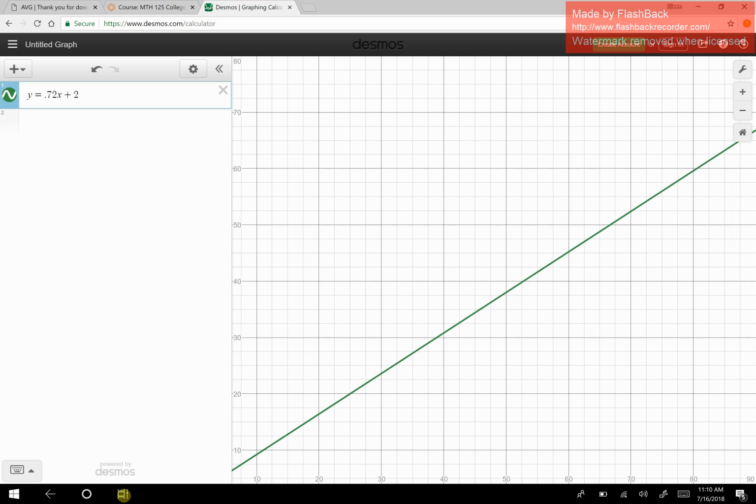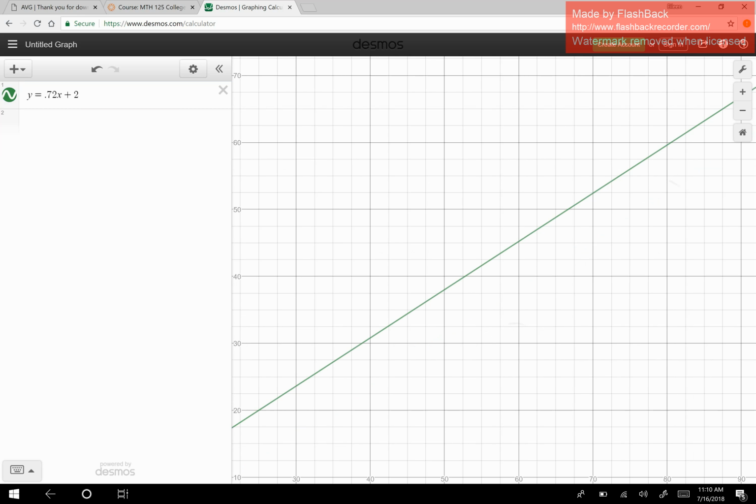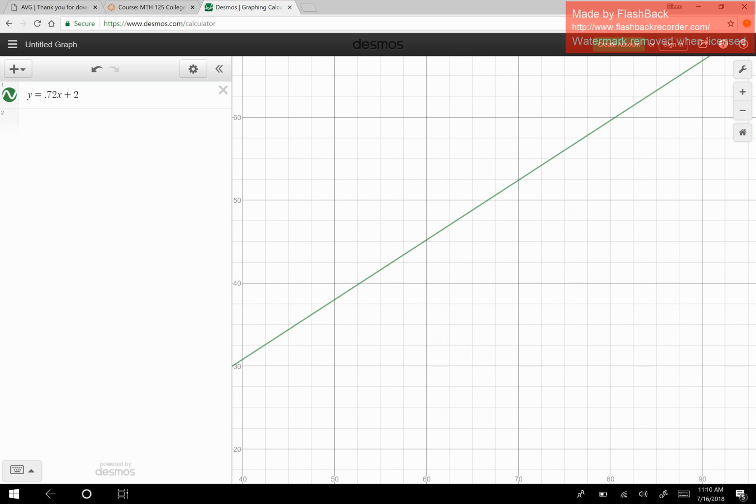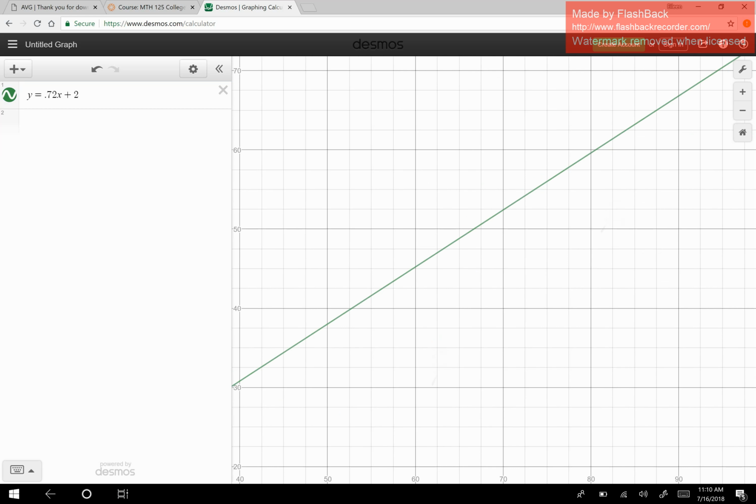Let's see where this is at right here. So 60 to 80. So really even a broader range. I'm going to scoot in a little bit.